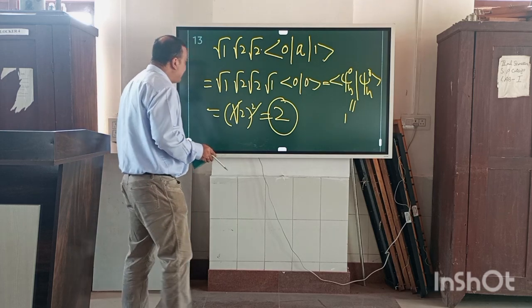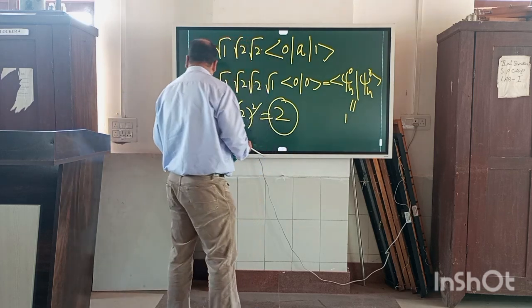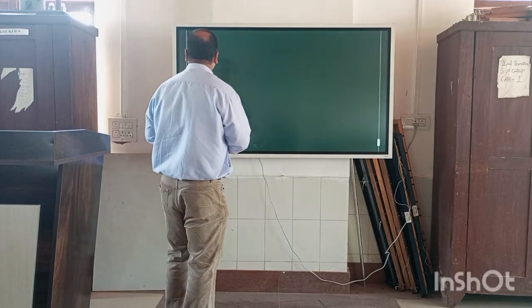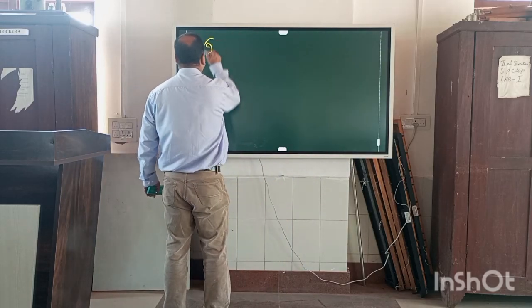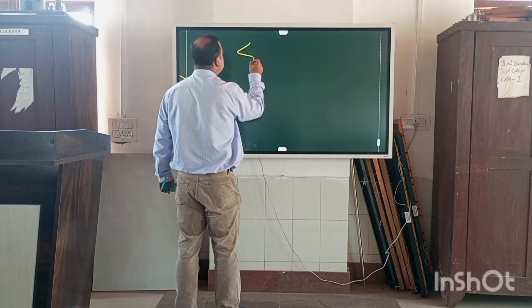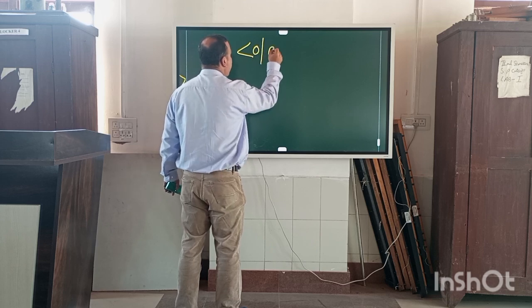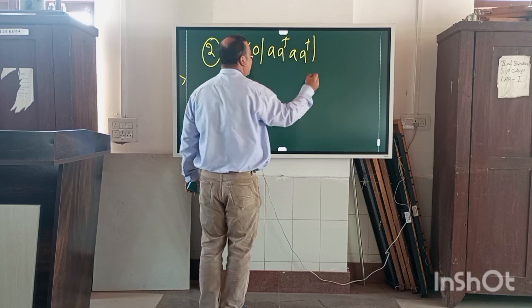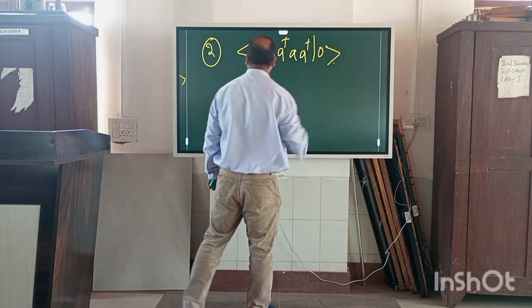Now we have another expectation value to be calculated. The next one we have is ⟨0|a a†|0⟩.